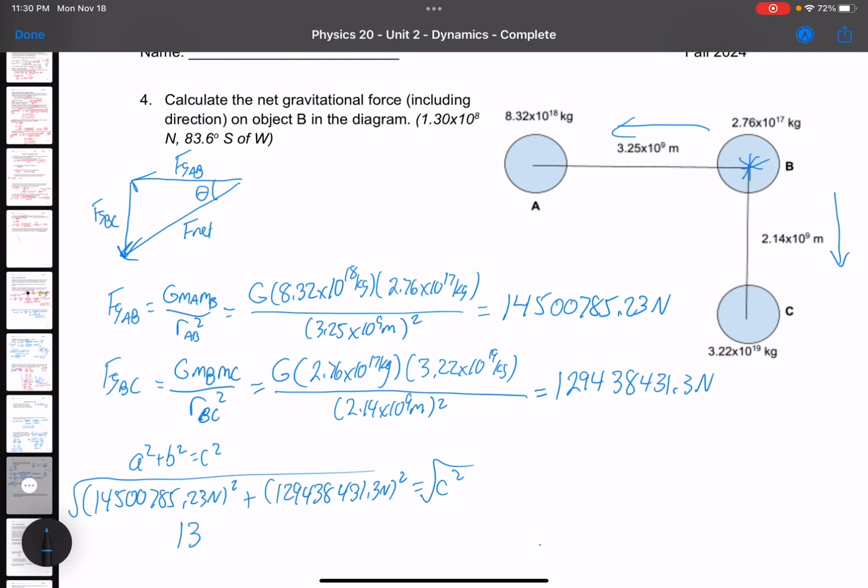And that gives me this number right here. So it looks like it's lining up with the answer key, which is good. Okay, so that's my F net.